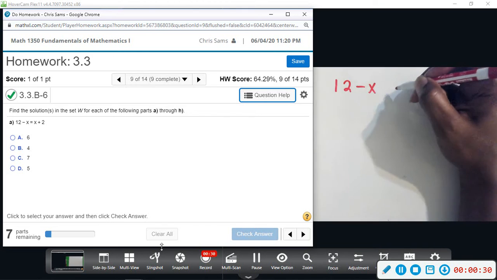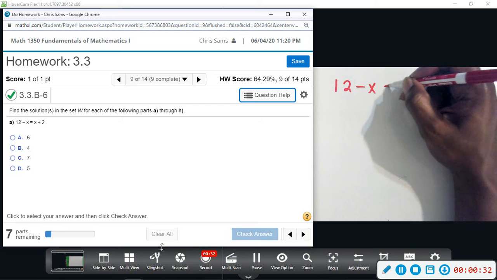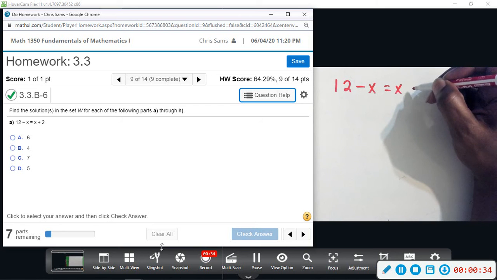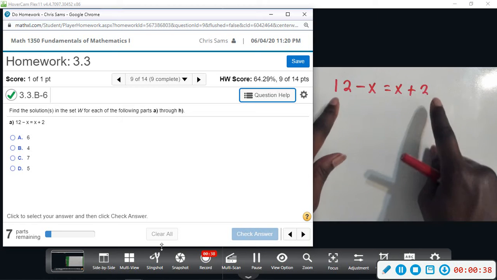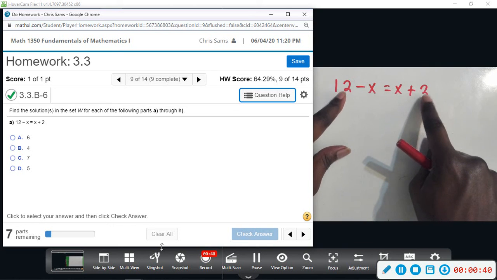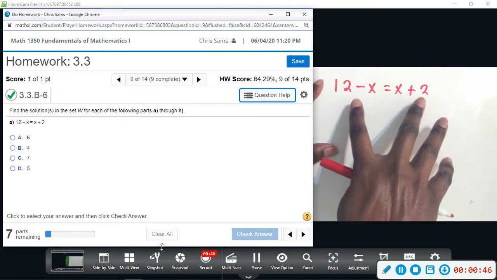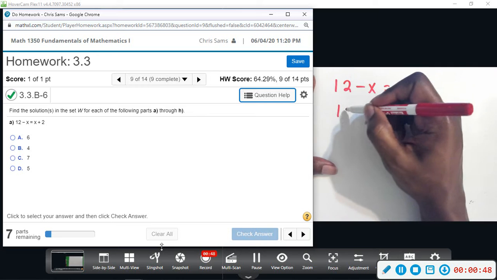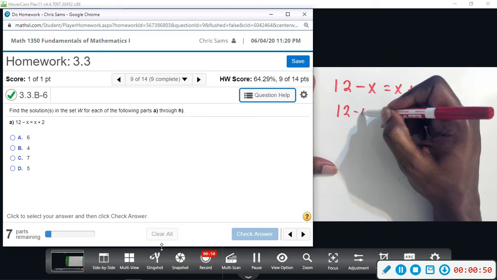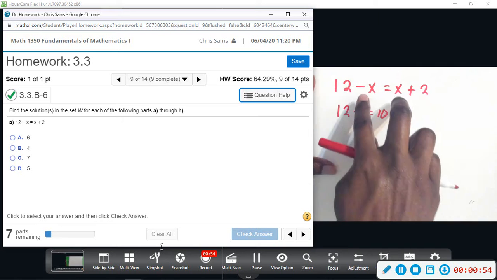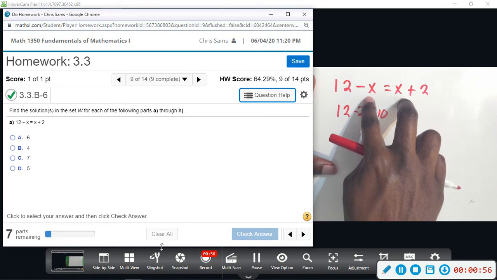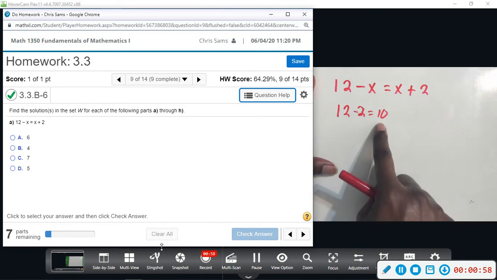So we're going to take x minus 12 and set that equal to x plus 2. Okay, so what we want you to first do is take these two numbers, 12 and 2, and we're going to subtract them. And we're going to know from this equation that whatever x is going to be less than this difference.